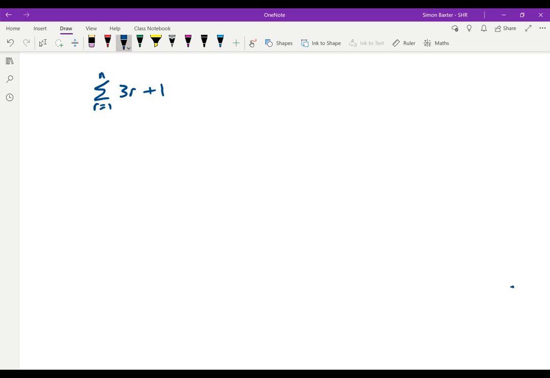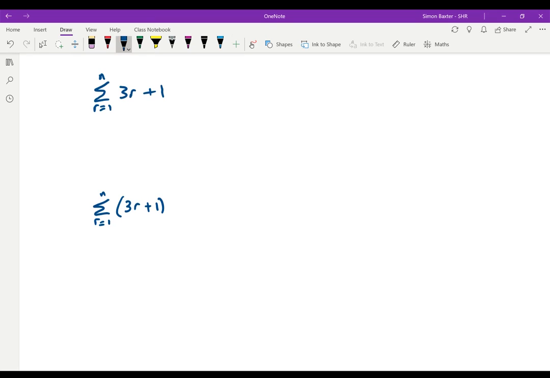Just think how you would work that out. And having thought about that, look at this one. What's the difference?